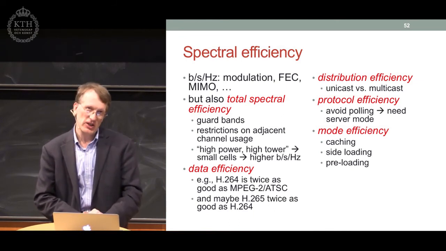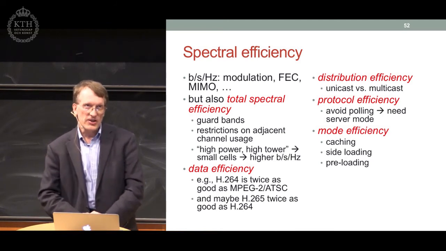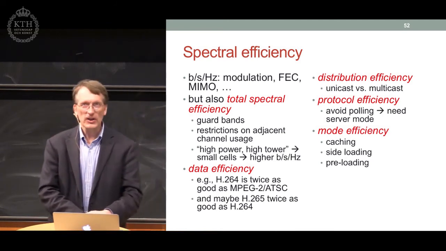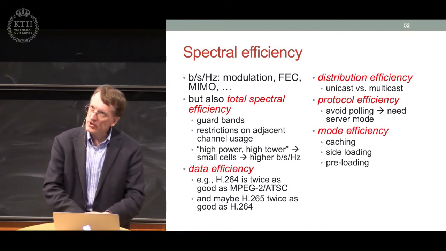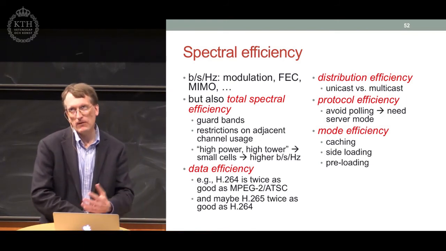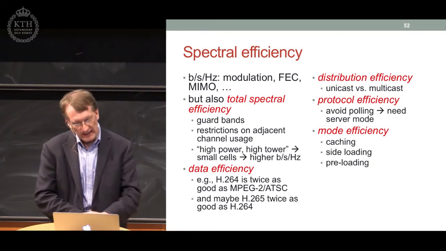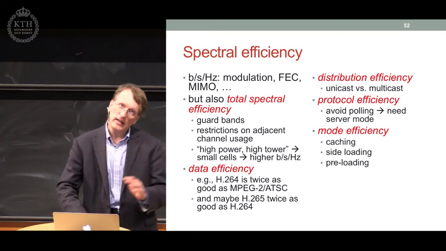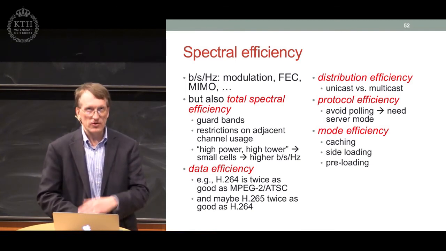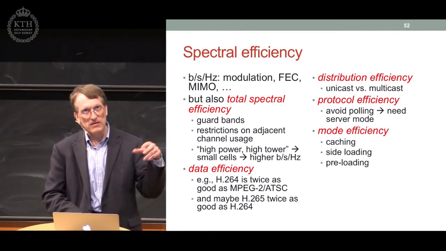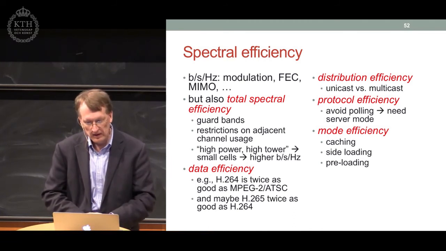Or you have data efficiency. For example, old digital TV uses an old version, namely MPEG-2, as the data transmitter. We now have MPEG-4, which is roughly twice as efficient, and we might have H.265, which might be another factor of 2 or maybe a little less, more efficient. So you can use double the amount of data for the same amount of spectrum.